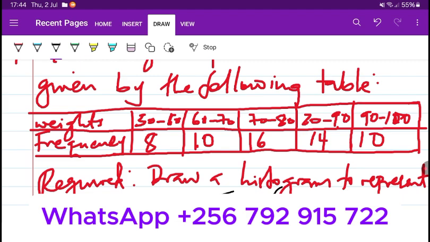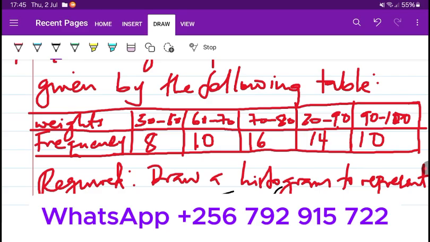So once we have exclusive classes, the implication is that what we have been given in the question are the class boundaries, because we don't have any gap between the classes.